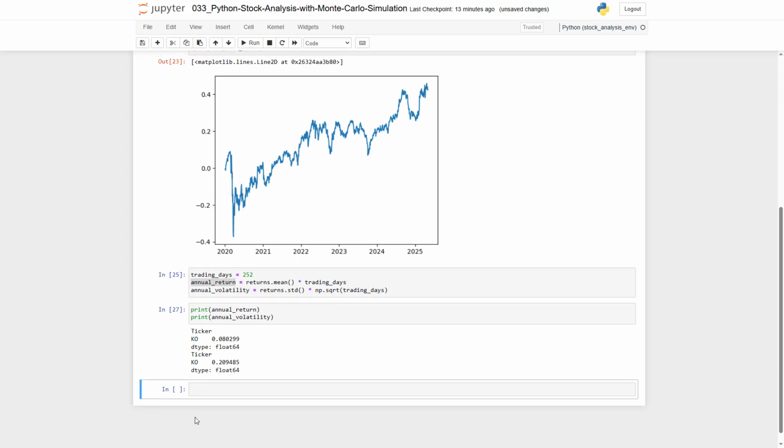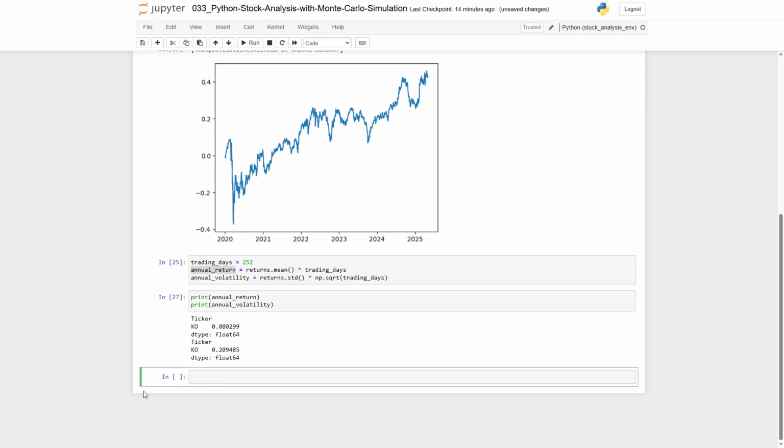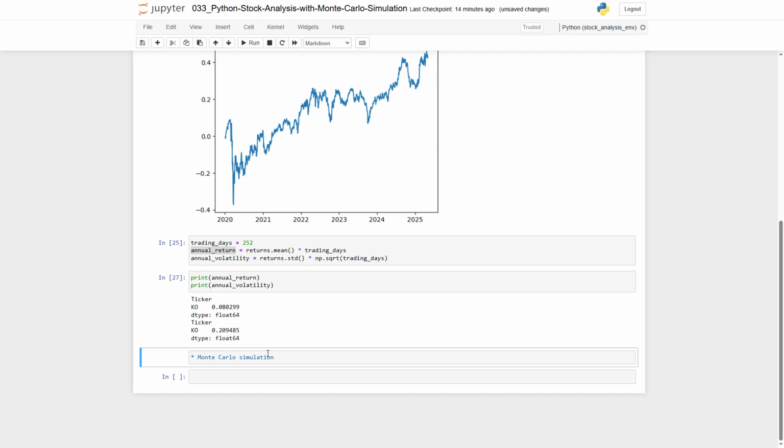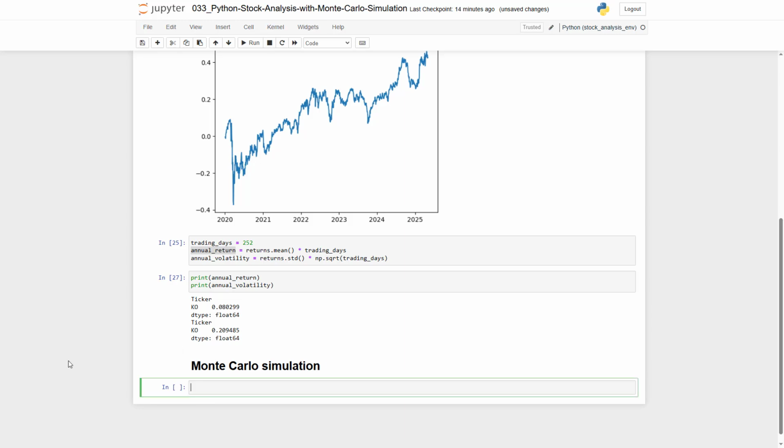And now, time to go to Monte Carlo simulation. I'll use Markdown like this. Okay, so the Monte Carlo simulation, number of simulations will be 10,000.